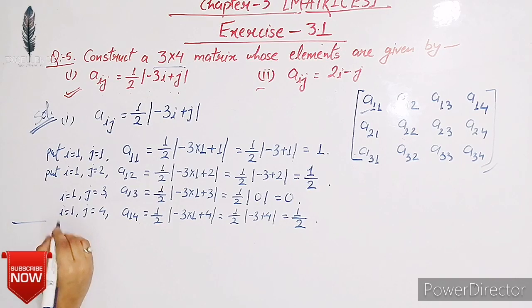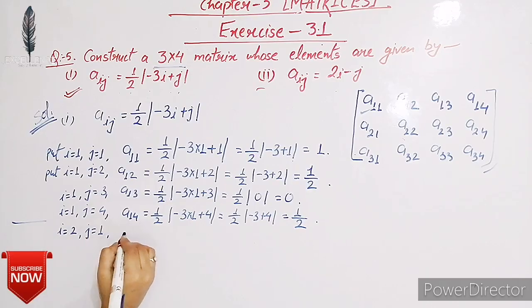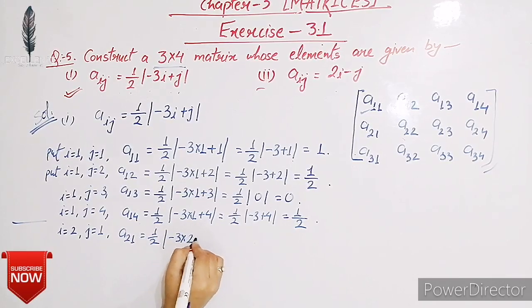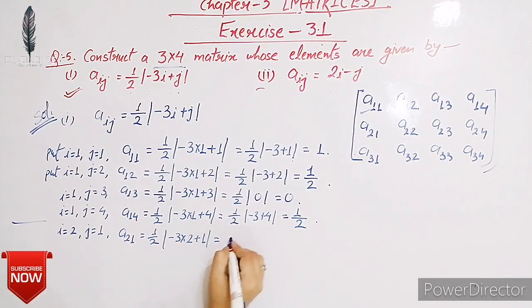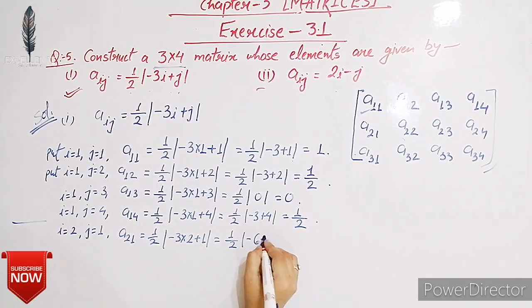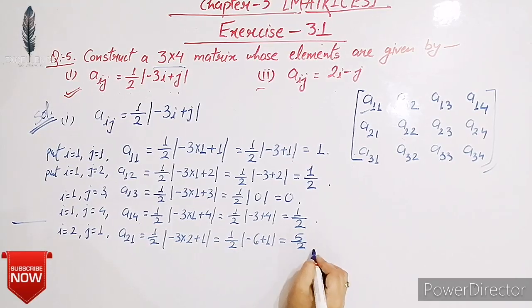First row is complete. For second row, put i equals 2 and j equals 1. So, A21 is equals to 1 by 2 in mod minus 3 into 2 plus 1, that is equals to 1 upon 2 minus 6 plus 1. Okay, minus 6 plus 1, that is minus 5, change into positive, that is 5 upon 2.